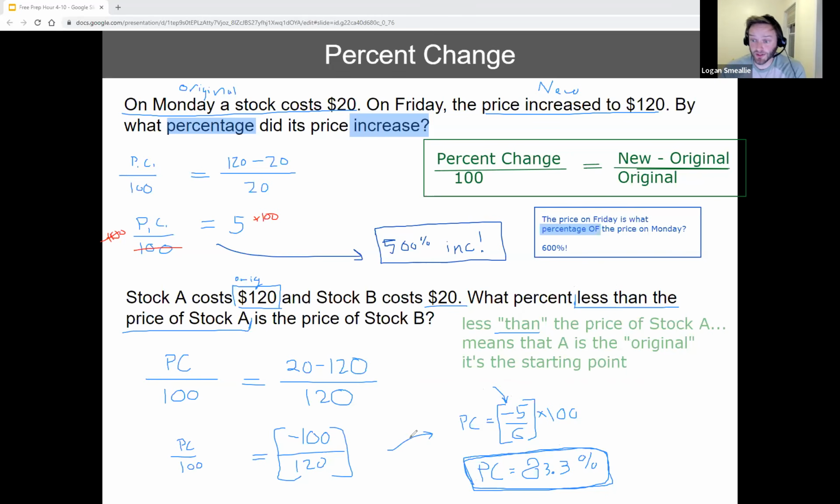And if it's a multiple choice regarding percent change, they're going to be all positive numbers. That's okay, because if it's a percentage going down, they already said percent less. So it's okay to put in a positive number that's going down by that amount. And then also this key thing here of being less than A, that's how we knew that A was the original that we could put on the bottom.